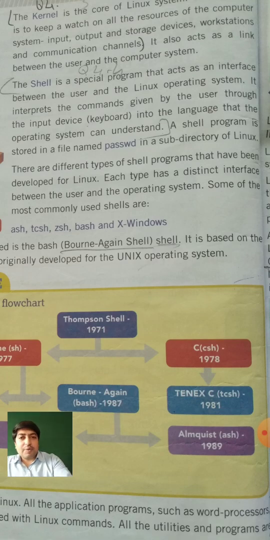Moving towards the next paragraph. There are different types of shell programs that have been developed for Linux. We can see at the bottom, in a different color, in the textbook: ash, tcsh, sh, zsh, bash and X Windows.